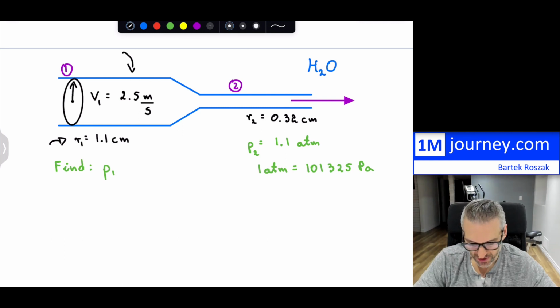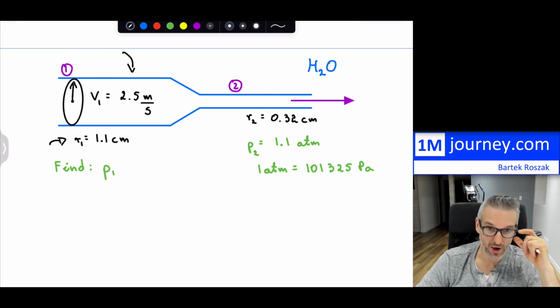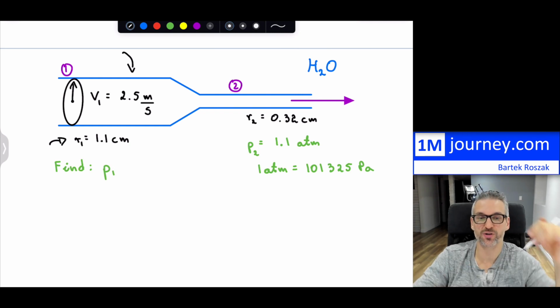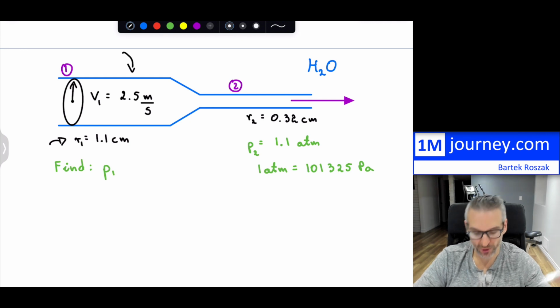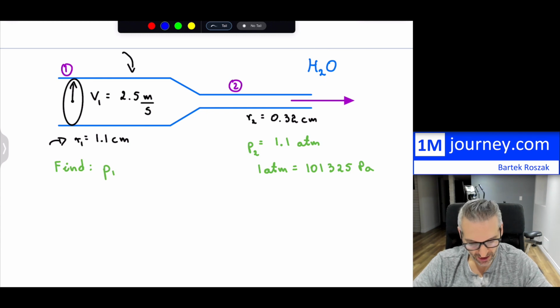They give us the radius of the second one, and notice it's smaller. They also tell us what the pressure is in that second one that we can measure. That's the pressure on the walls. And we don't know anything else. What we're after is to find what the pressure P1 is, so we want to find the pressure of the fluid here in comparison to this pressure over here.